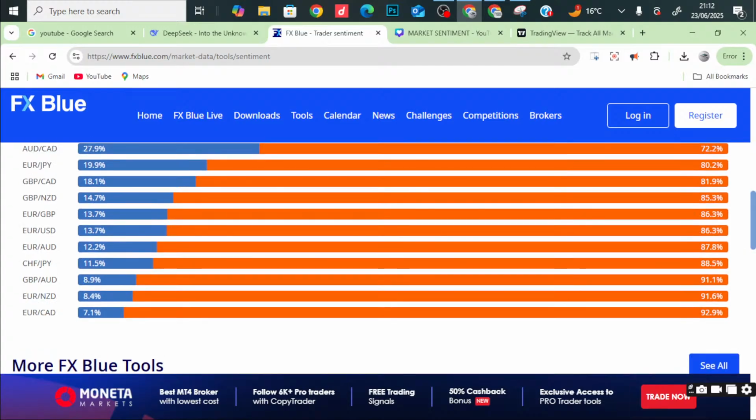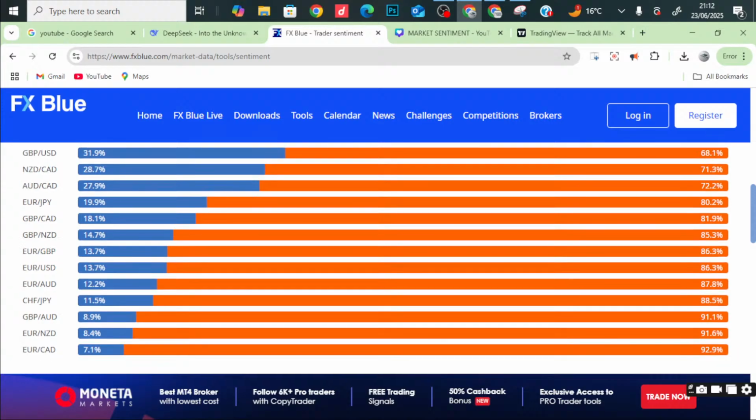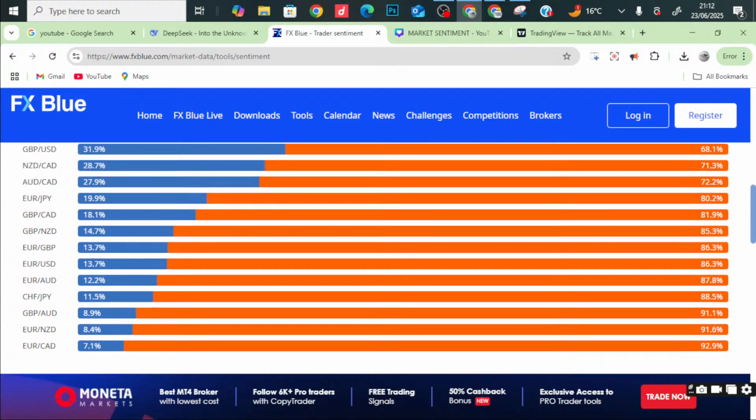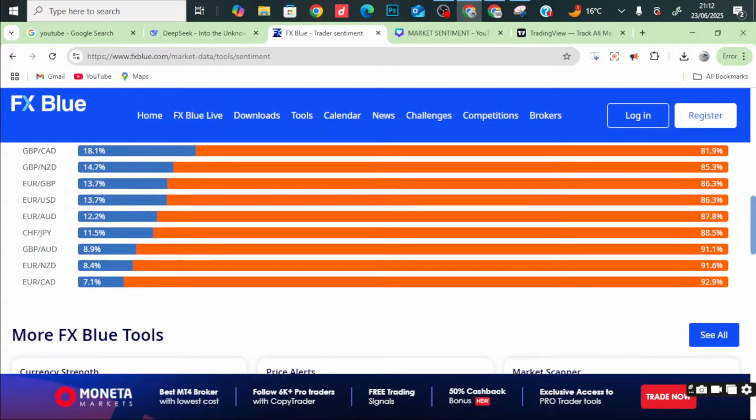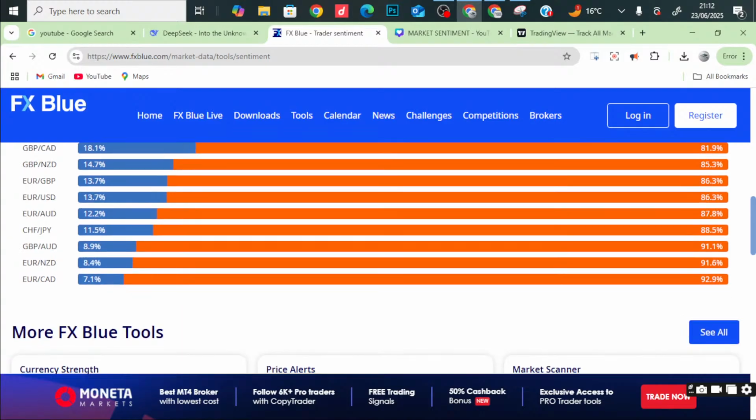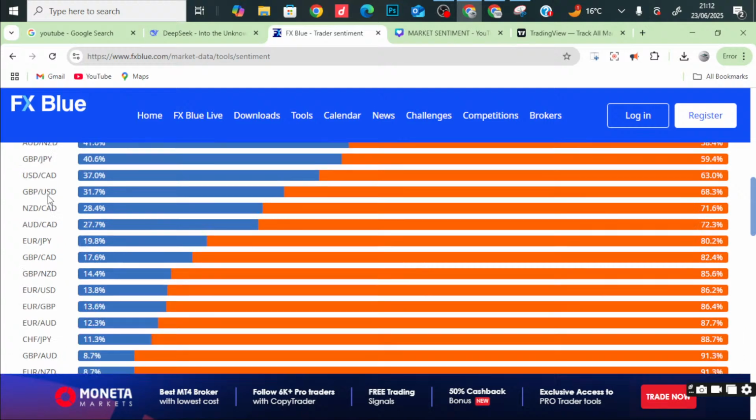So in terms of currency, this is how they work. Let's say Euro USD, people took a sell position. GBP USD, many people took a sell position.